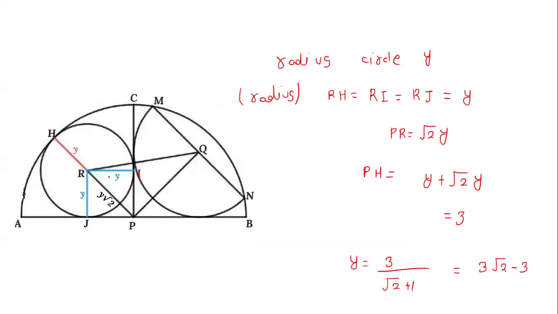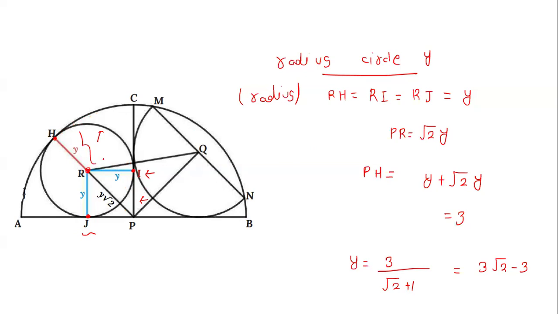And now let's see this figure. In this figure, I assume the radius of this circle is y. So this is a circle and the radius of this circle is y. So this CP is touching this circle at the point I, and this AP is touching this circle at the point J, and this bigger semicircle is touching this circle at the point H, and R is the center.